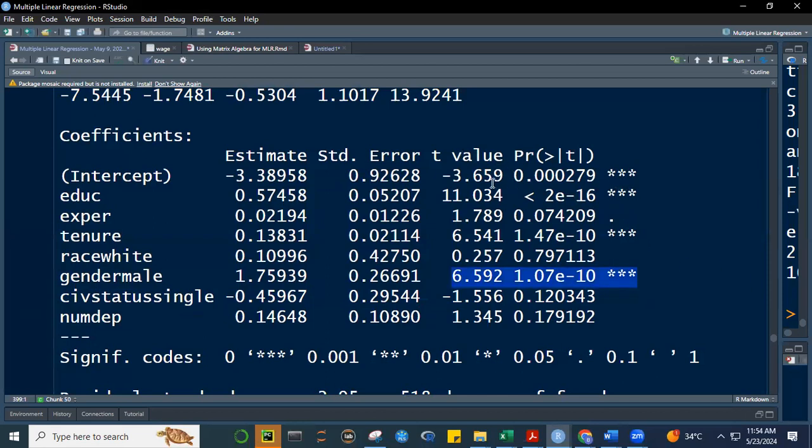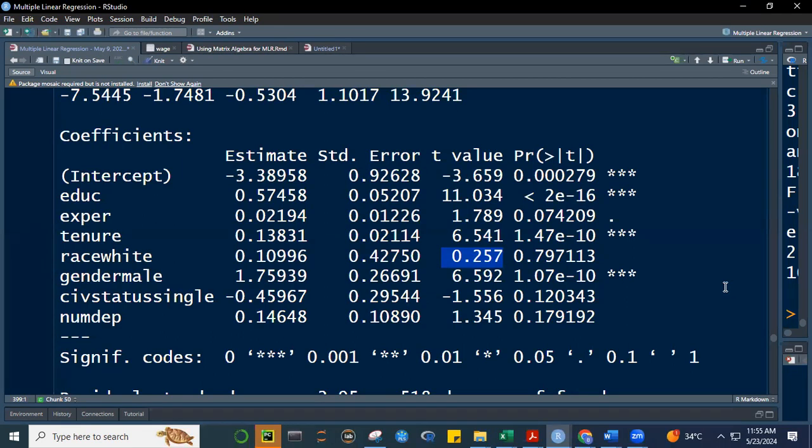And the one with the highest t will usually be the most significant, in this case, education. So that leaves us with the others. And the lowest absolute value of t is this one, 0.257. The absolute value. Okay, you don't look at the negative numbers. You just take a look at the number itself.